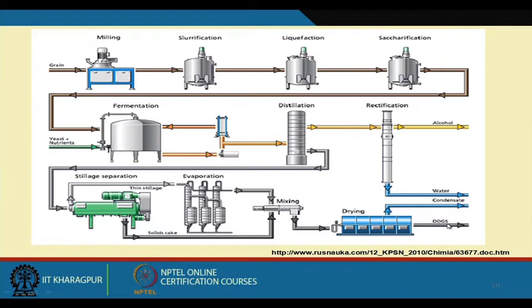It can be used as a very good fodder by different industries, by adding some other nutrients, fortifying it with other components. So this is the typical process flow diagram of the alcohol fermentation process using starchy raw materials.